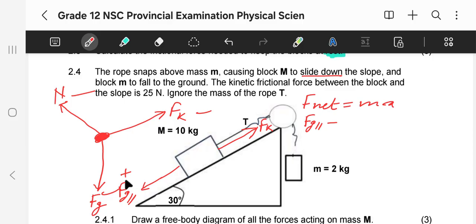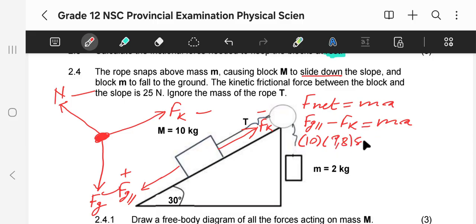Obviously Fg parallel will be positive since it's moving in the direction of motion, and Fk will be negative since it's opposing the direction of motion. So Fk will be negative, and all of this will be equal to ma. I'll substitute now. What is my Fg parallel? I already talked about this, guys. I said it's mg sine theta, but I'm not going to write mg sine theta. I'm just substituting. M is the mass of the 10 kg block, and g is 9.8.